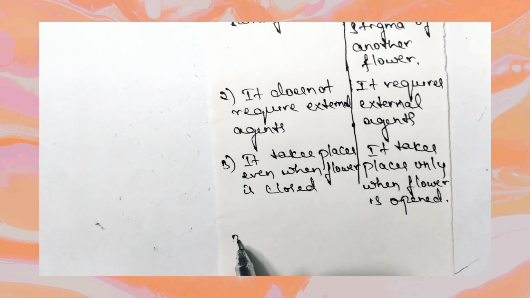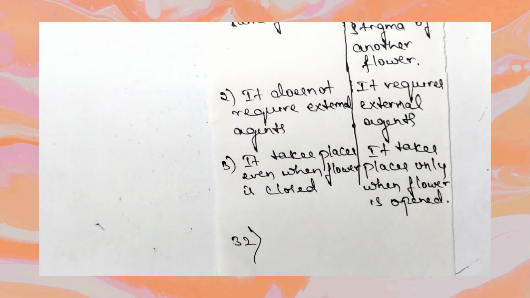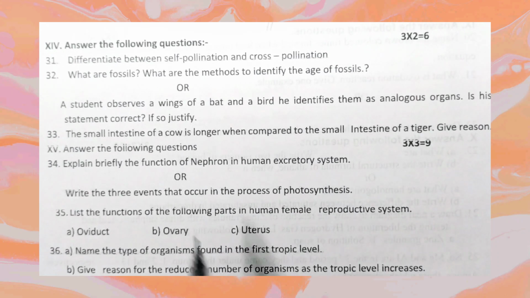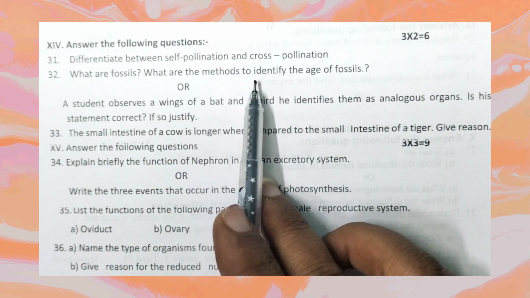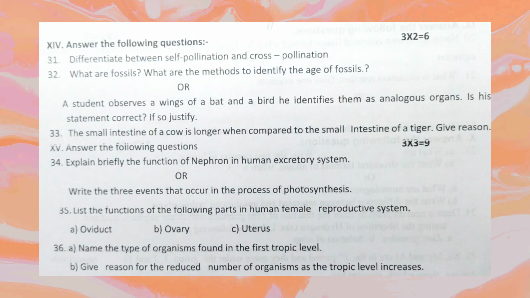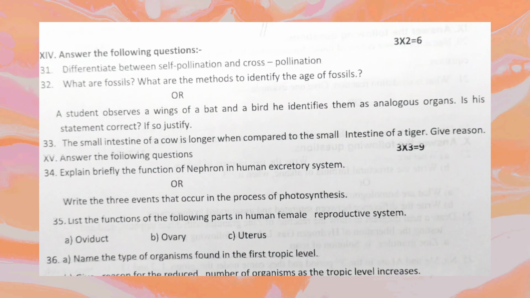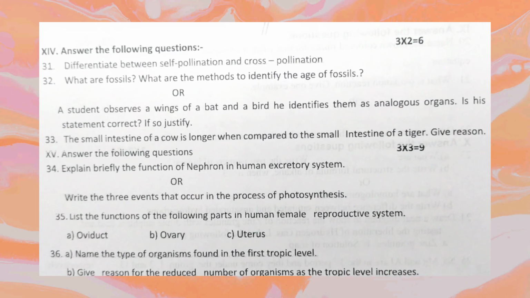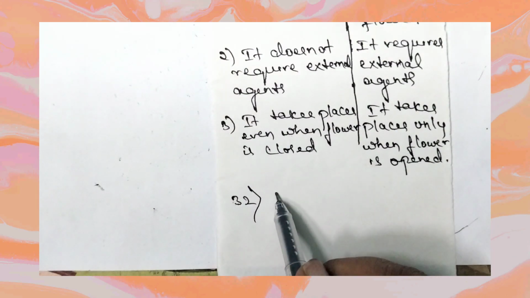Now let us move for the 32nd question. So the 32nd question is, what are fossils? What are the methods to identify the age of fossils? So now in that one only one more internal choice question is there. So let us answer both the questions. So what are fossils?